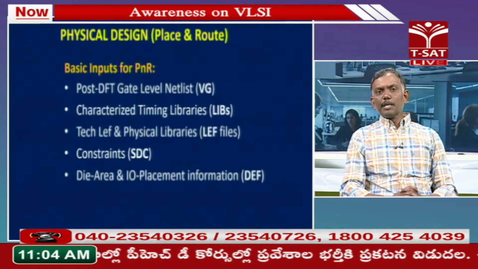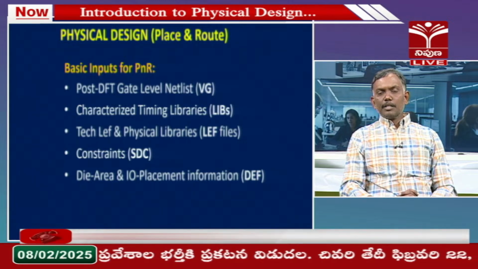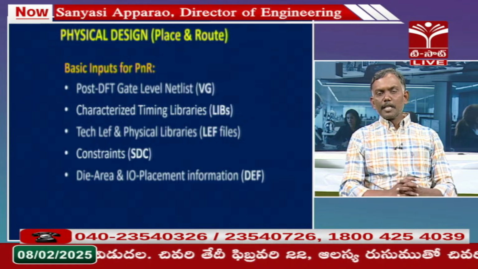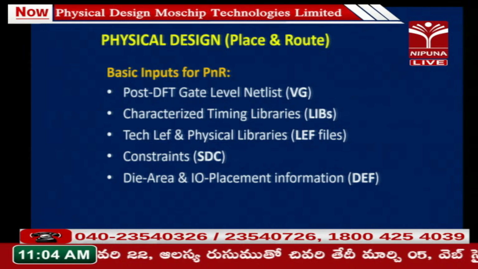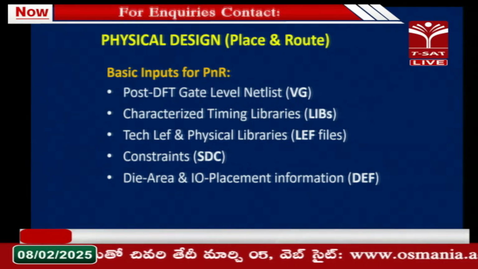My die will go and sit in the packaging, so depending upon the packaging requirements, these IO pads will be placed in all directions of the chip. That IO information and die area you will get in a file called the DEF file, design exchange format. That is one more input file for place and route along with the other files.